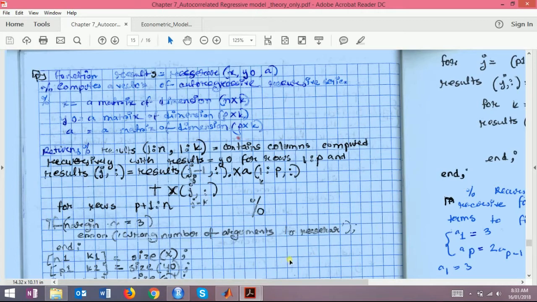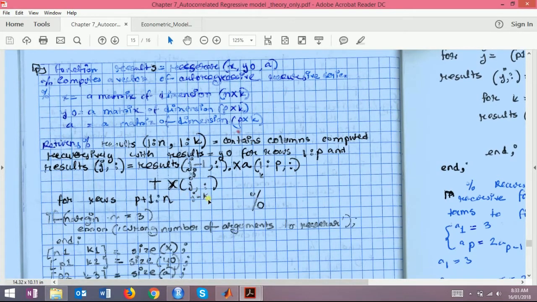So the results equation is results j minus 1 to n, into A 1 to p, j minus 1 rows, all columns, 1 to p rows, all columns, and xj rows, all columns. This is what the results is.